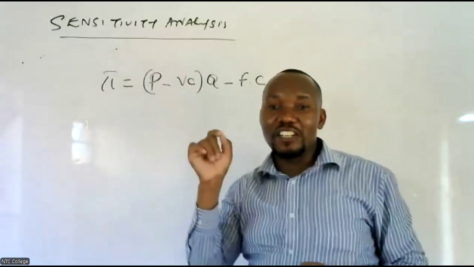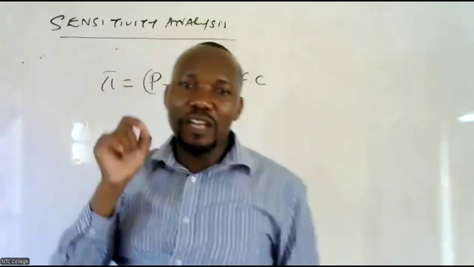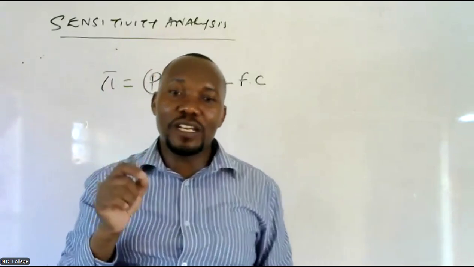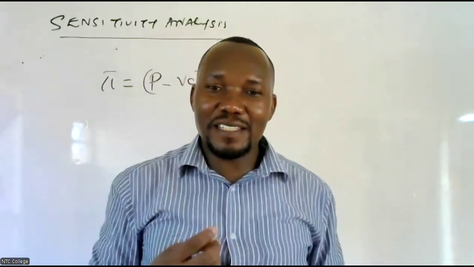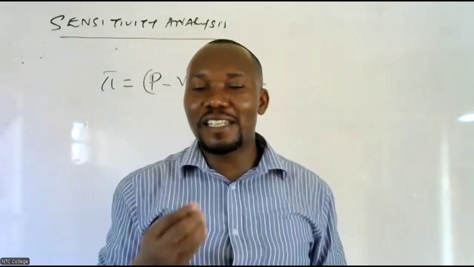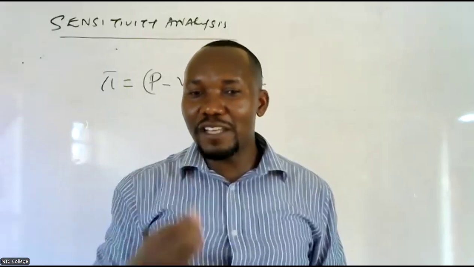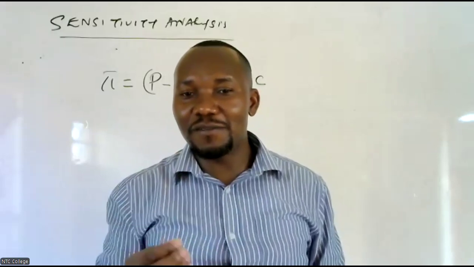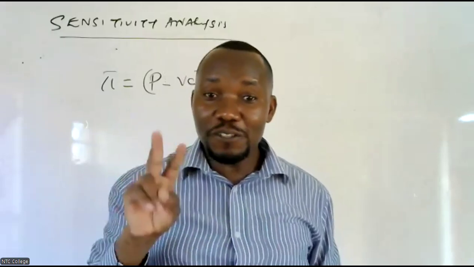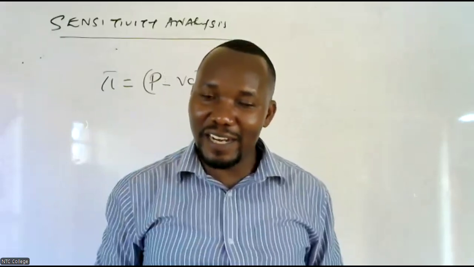Whenever you're given the percentage change, then we call it impact analysis. In some cases, the examiner might not give you the percentage change. If the examiner has not given you the percentage change, then that is called break-even sensitivity analysis. So we have 2 types of sensitivity analysis.